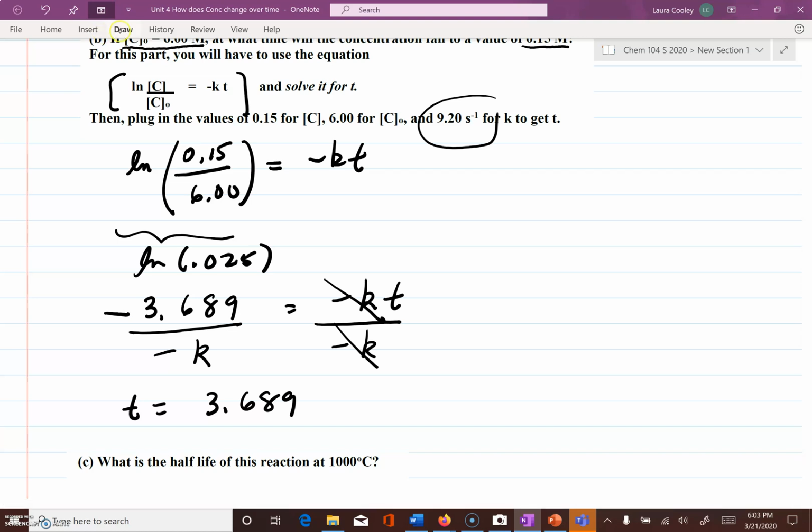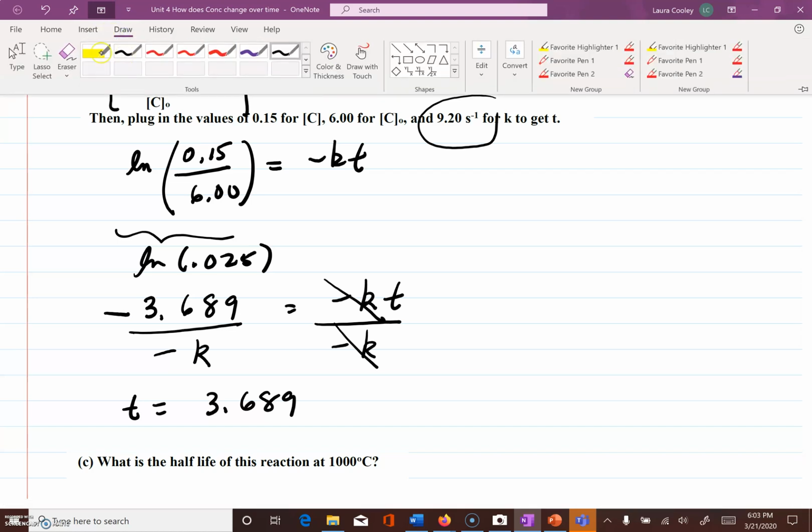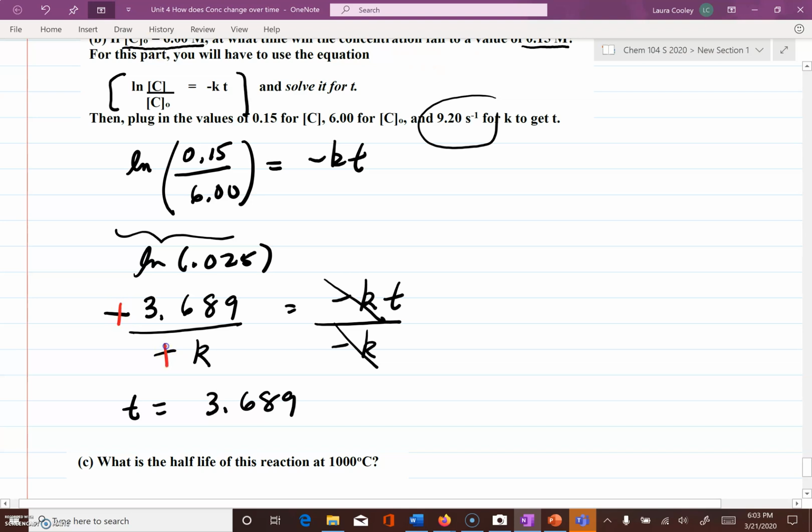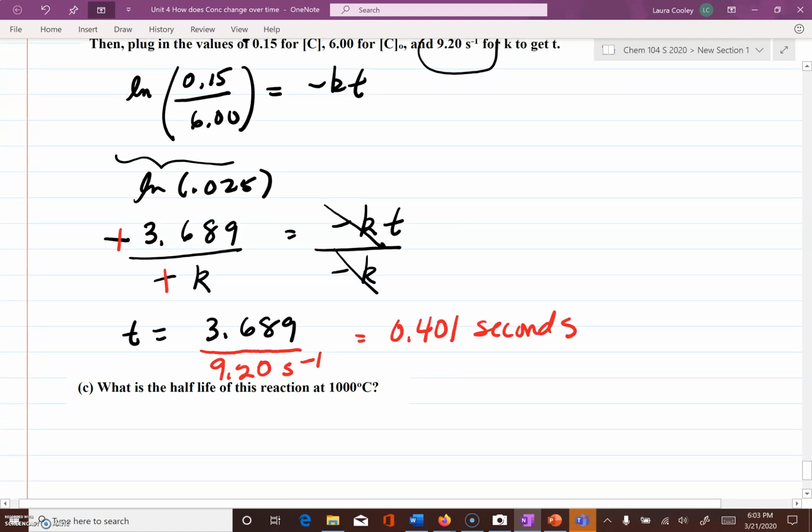So I could tell I was getting the wrong answer because I would have had a negative time, and that just doesn't make sense. So I have to divide by K. 3.689 divided by K comes out to 0.401. Okay, so that's how you do that sort of problem.